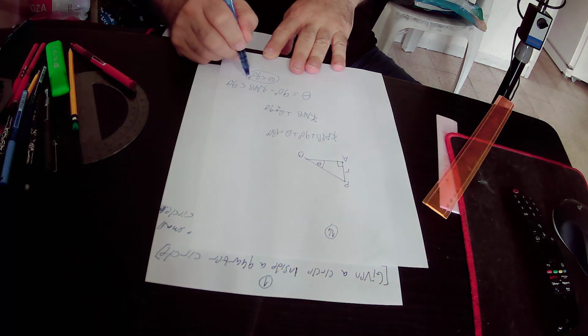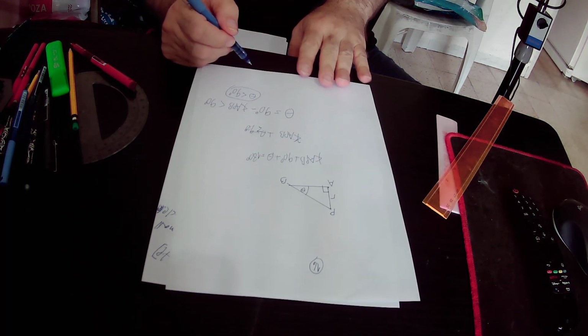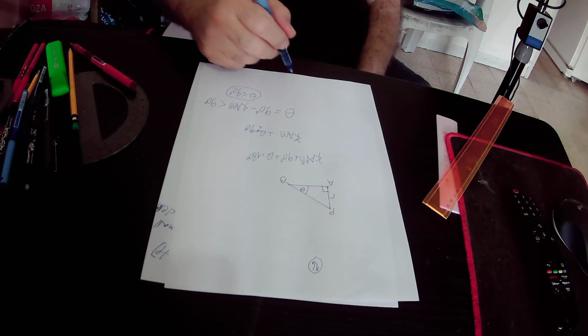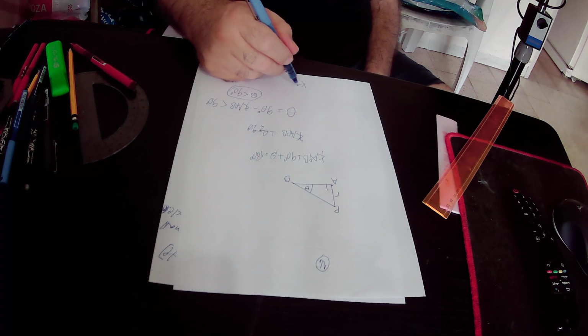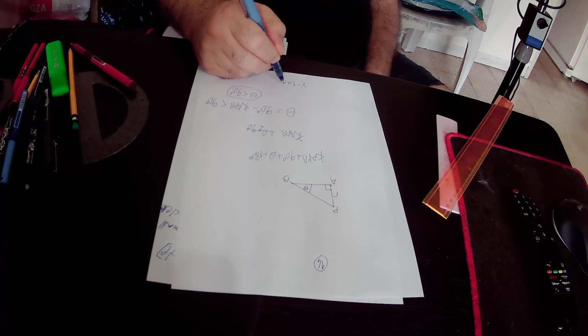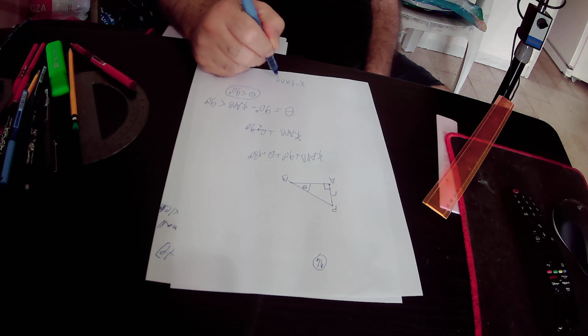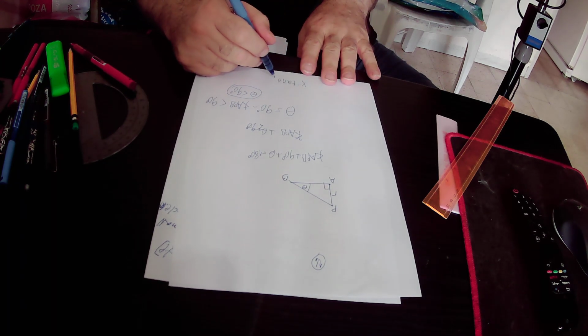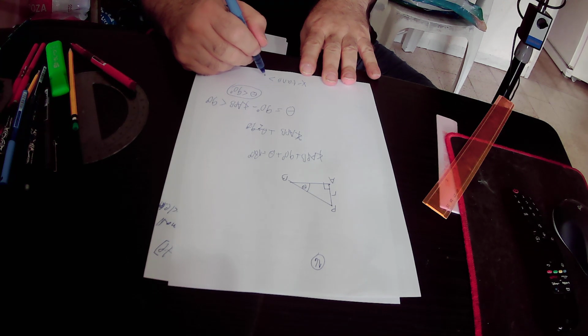If angle theta is less than 90 degrees, then x, that is tangent theta, must be a positive number. It's greater than 0.